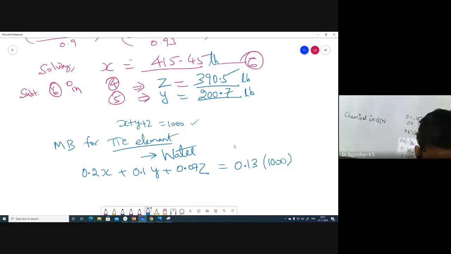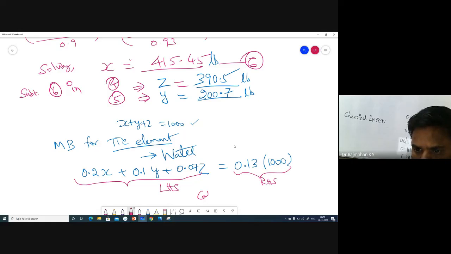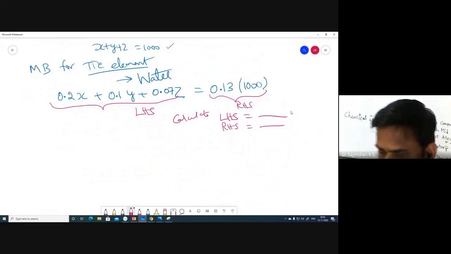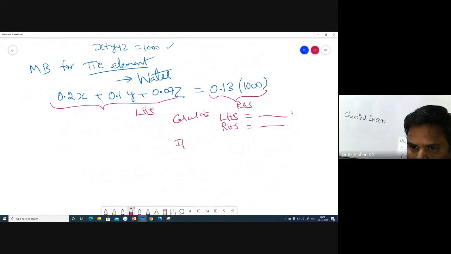Okay, so substituting this, you can verify the LHS value and the RHS value. Calculate LHS, calculate RHS. If LHS is equal to RHS, so our calculation is correct.